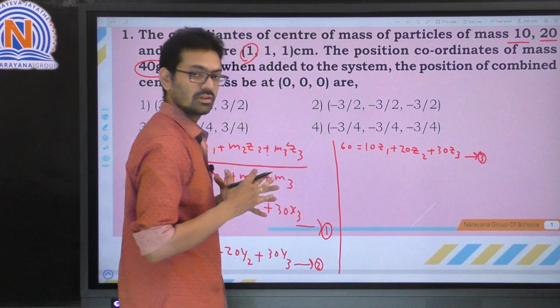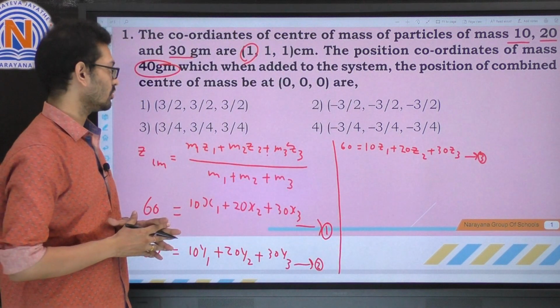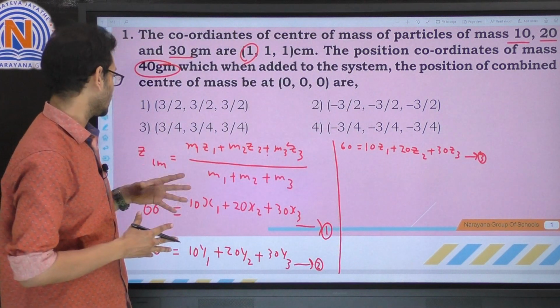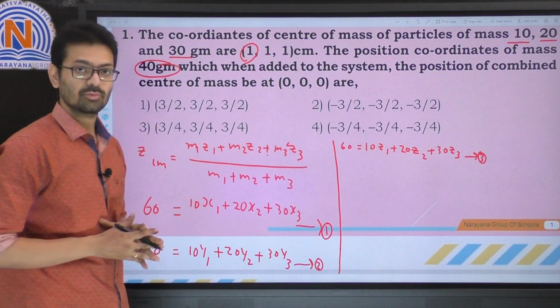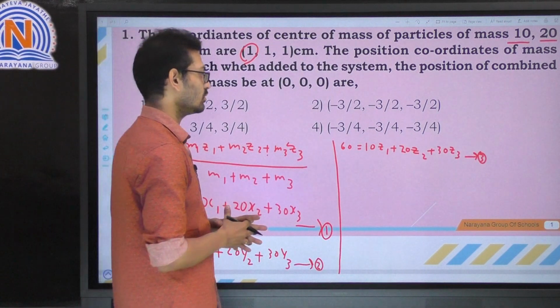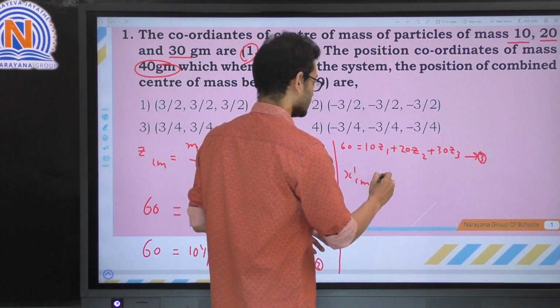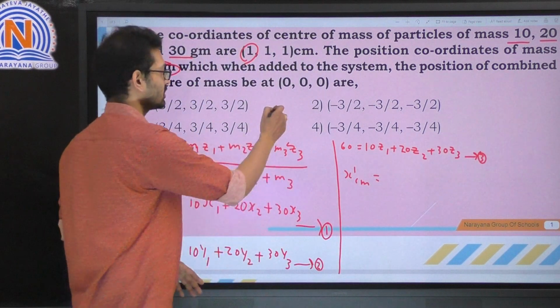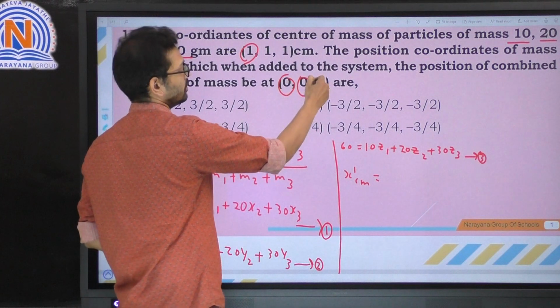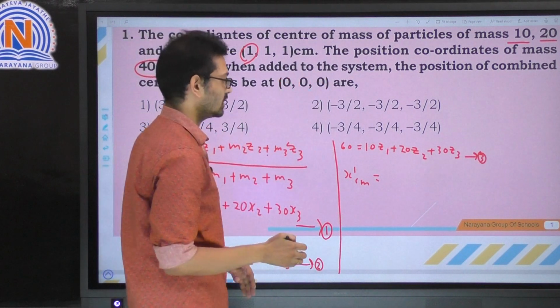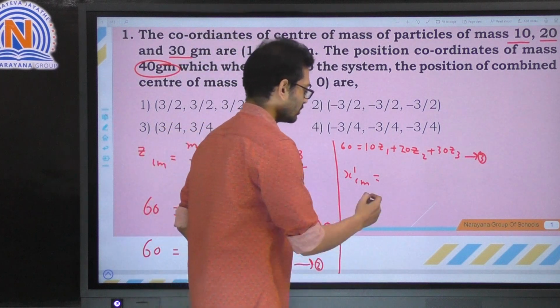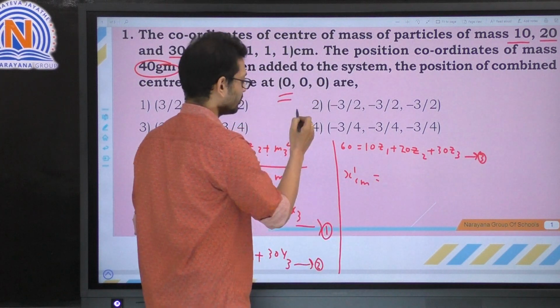Now what happens? You got it for the first one. So when you are trying to find out for this addition of mass of 40, then what you will do is directly use x dash center of mass, which is given as 0 for x, and for y it is also 0, for z it is also 0. Now let us try to apply that. Now x center of mass is 0.